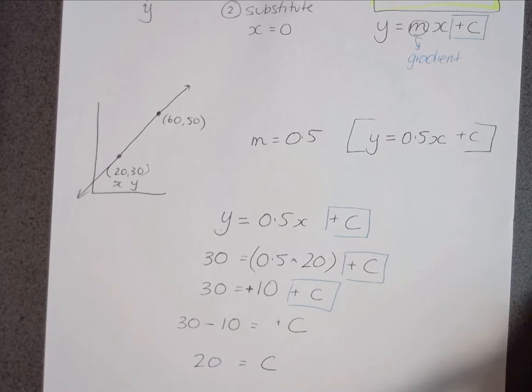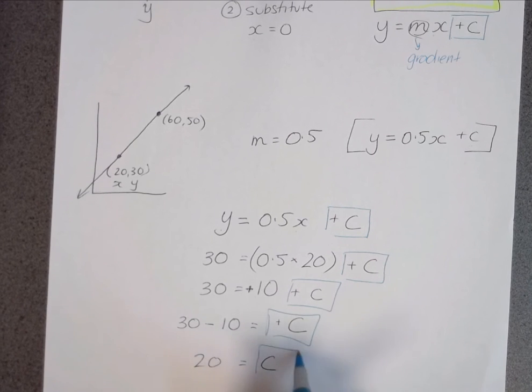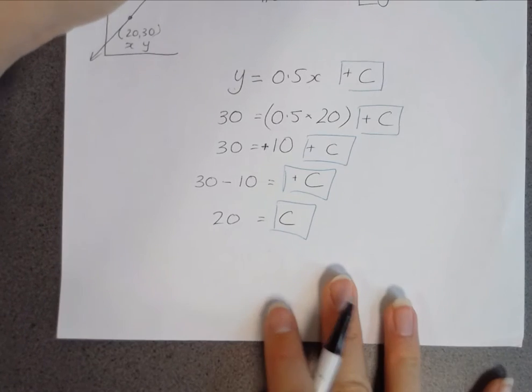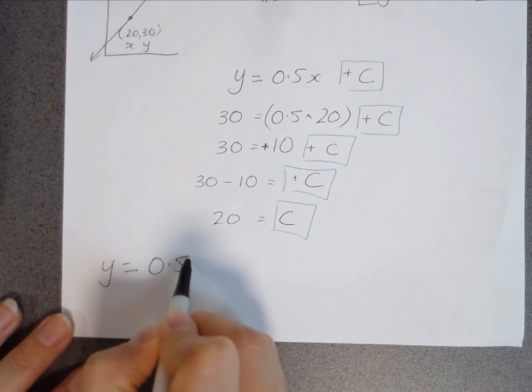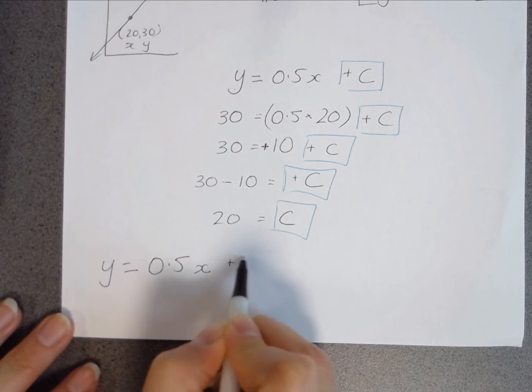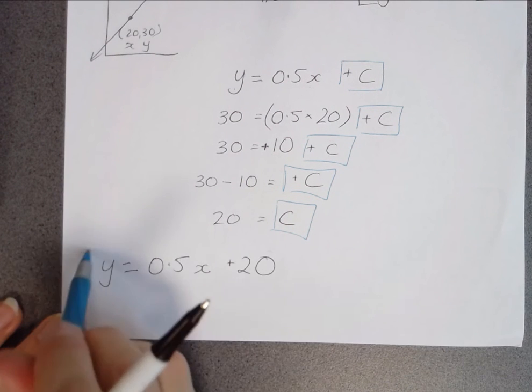Firstly, we found out our c value, so we can say that our linear equation is now y equals 0.5x plus 20. So that's our final equation.